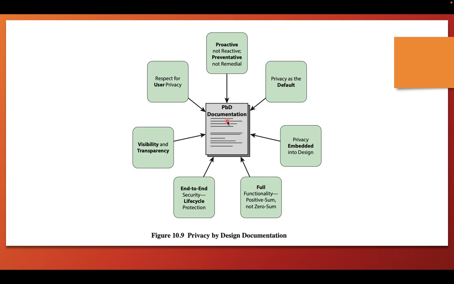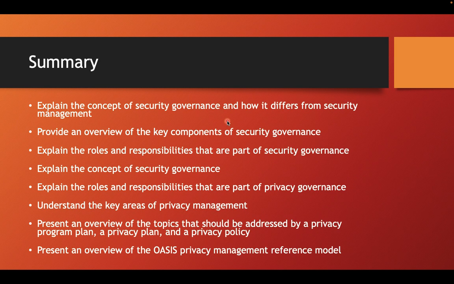So this leads us to the end of this. At the end, let's take a look at the basic areas we've looked at. We looked at the concept of security governance and how it differs from security management. We looked at the key components of security governance, and the roles and responsibilities that are part of security governance.